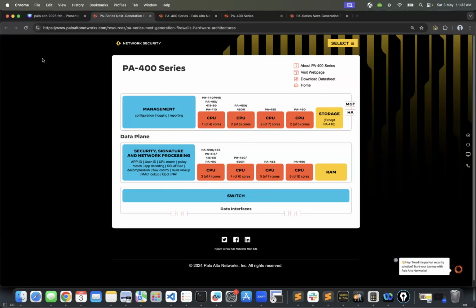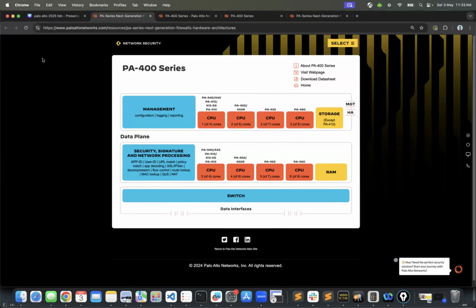So based on your budget, and the third important thing, your favorite senior management. What senior management likes. Some senior management is from Palo Alto, then they will implement Palo Alto. If some senior management is from Juniper, they will implement Juniper.